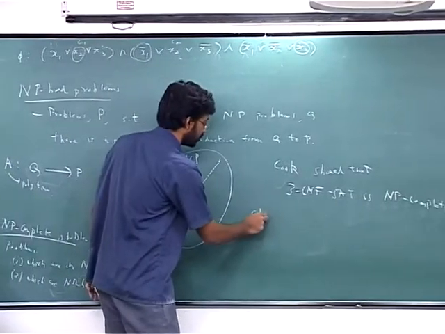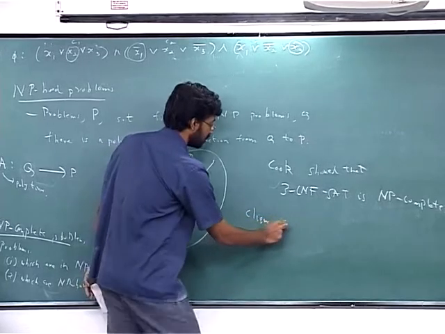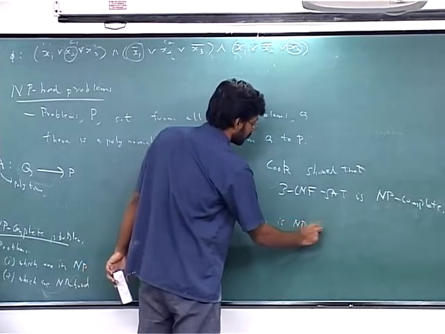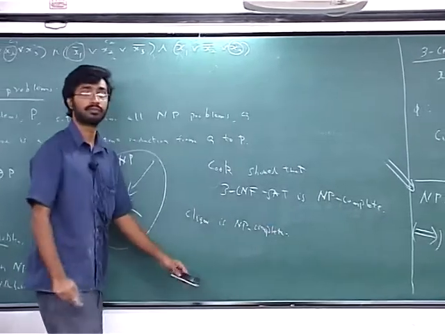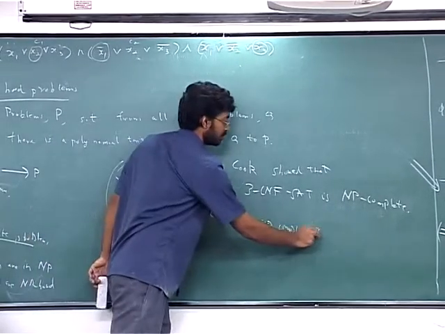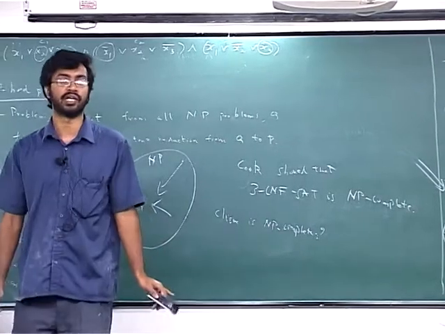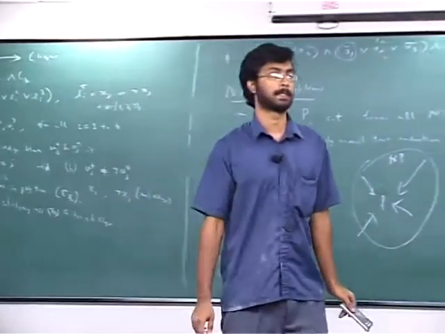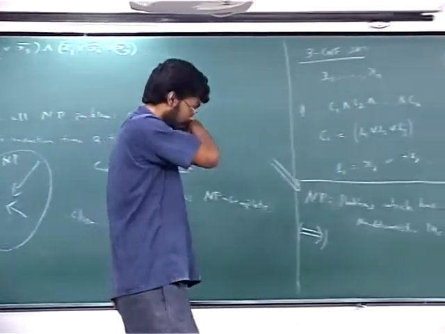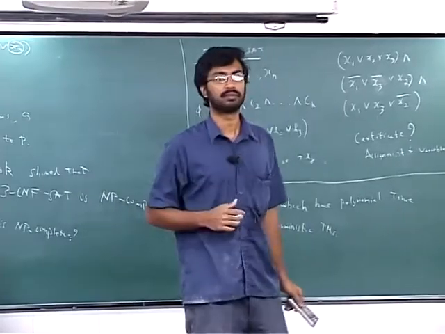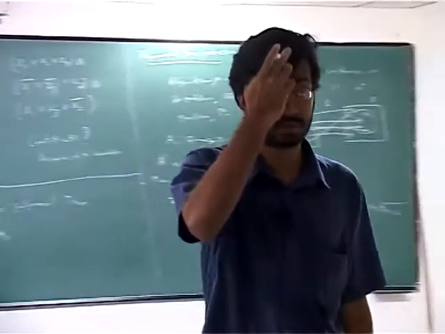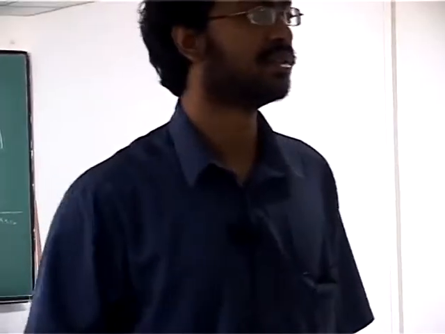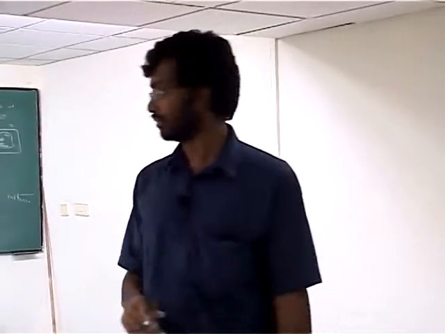I claim that we just now showed that clique is NP-complete. Why?